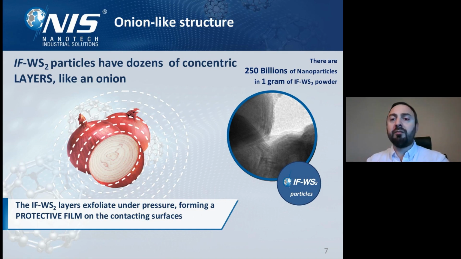And we're going to be talking a lot about shape and the importance of shape, the importance of the multi-layer structure, the importance of the hollow core, the importance of the size. And in more seminars, you're going to see where the applications are, how it is used, and what performance those particles are getting due to their shape, chemistry, and size. Again, all three parts of this phrase are very important.